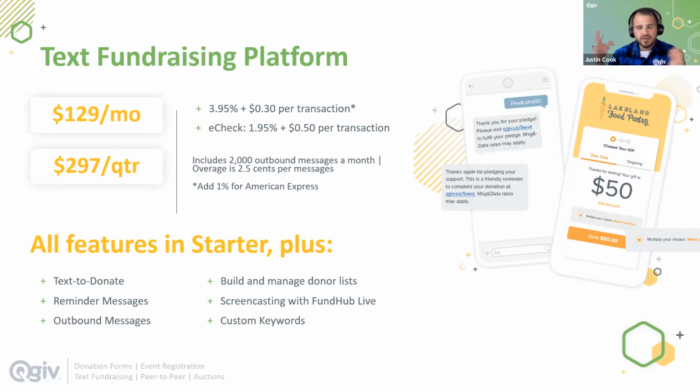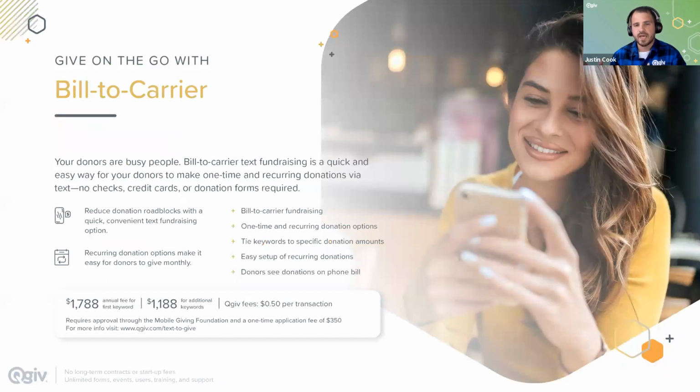And you have all the features that are in our starter package, which includes the text to donate option with the text fundraising platform, and our donation forms and our event registration system as well. We also have the bill to carrier option. This option is through the Mobile Giving Foundation, so there will be a one-time application fee to get approval for that option.